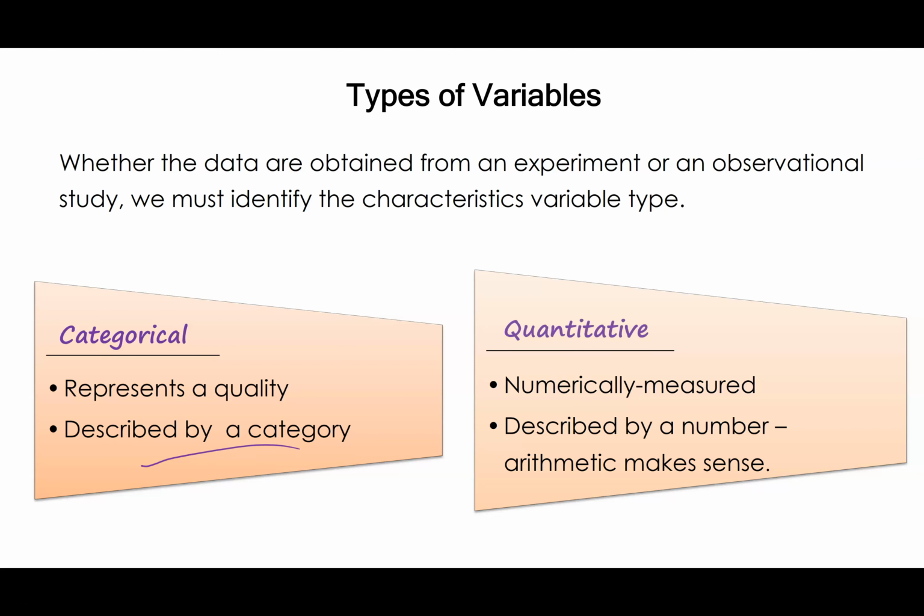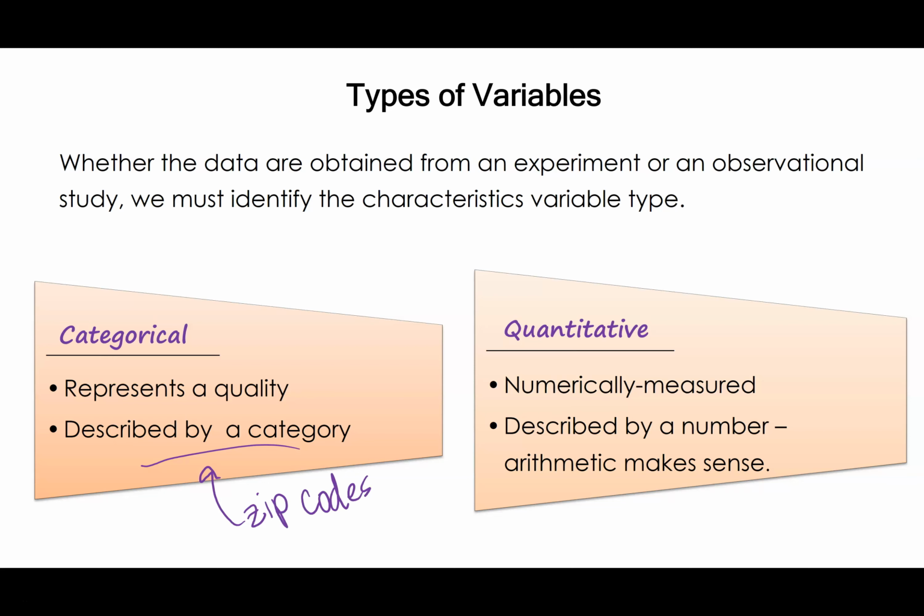The other is quantitative. This is going to be a numeric value, so it's going to be a number. And not only is it going to be a number, it's going to be a number that makes sense to average. A weird exception here is zip codes.